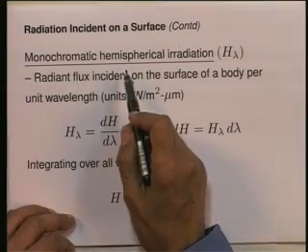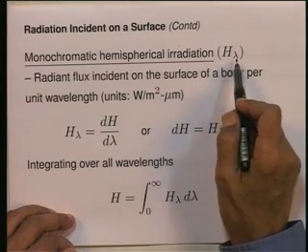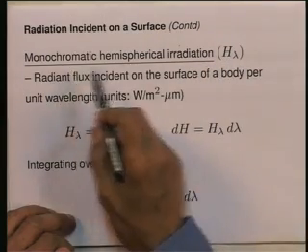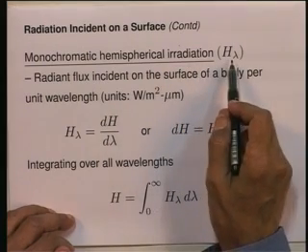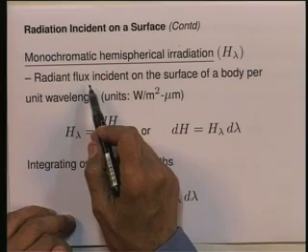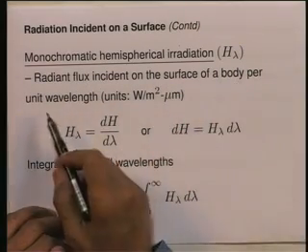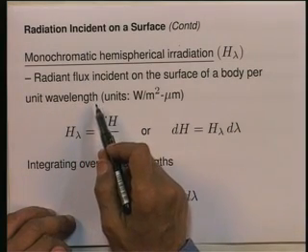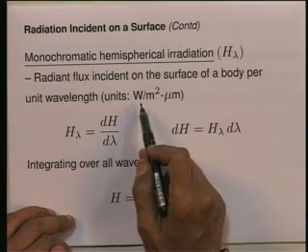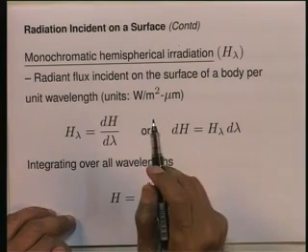We say monochromatic hemispherical irradiation, for which we use the symbol H_lambda, is the radiant flux incident on the surface of a body per unit wavelength, and it will have the units of watts per meter squared micron.